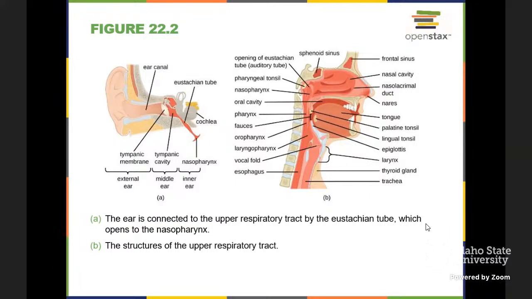When we think about the upper tract, there are lots of organisms that call this area home, a huge amount of normal flora within the upper tract. And that becomes important if we're really thinking about issues.